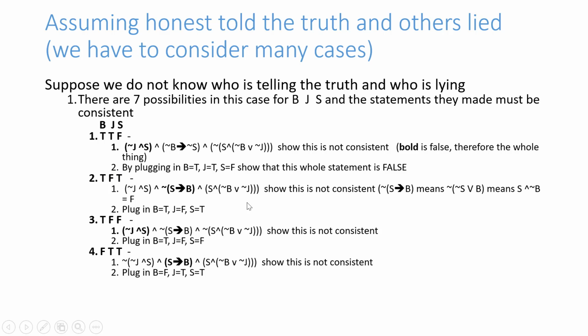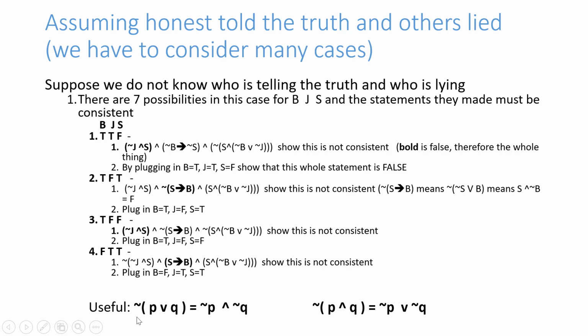Then we can show that this is not consistent. We talked about this rule in the lecture: S implies B means not S or B. So we take the not of that.